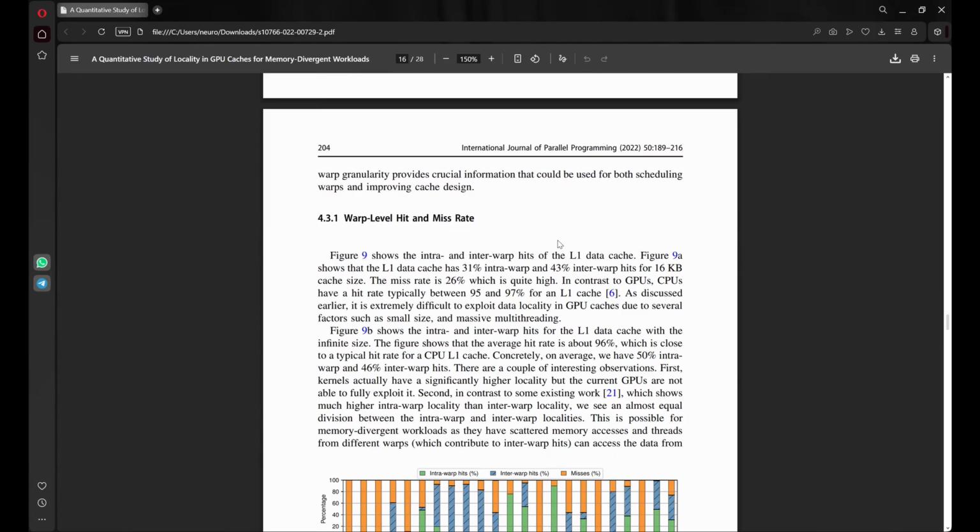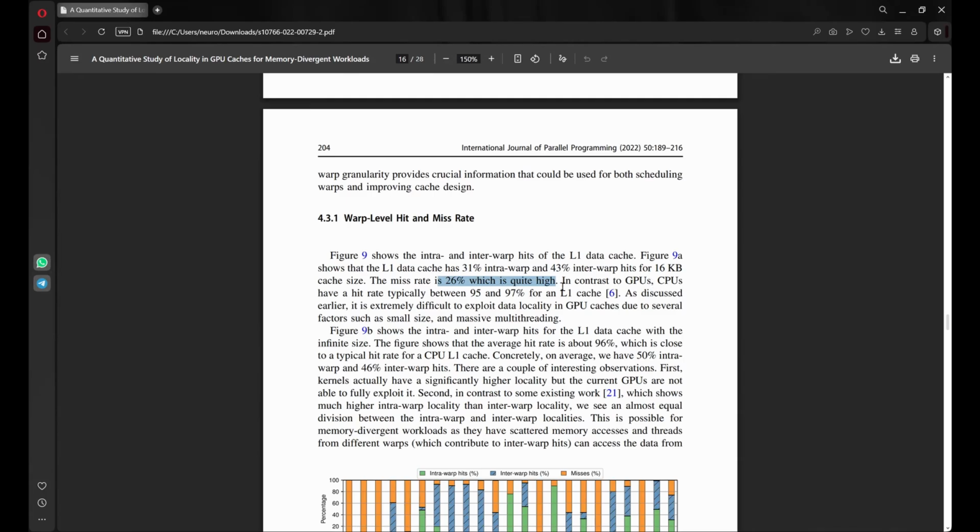If you combine them together, you get approximately a 74% hit rate, which means there's a miss rate of 26%. This paper tries to use CPUs as a benchmark, and the paper claims that CPUs have a hit rate that's typically between 95 to 97% for L1 cache.